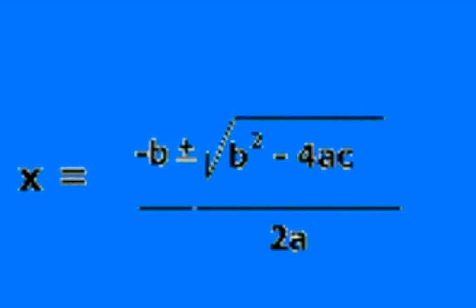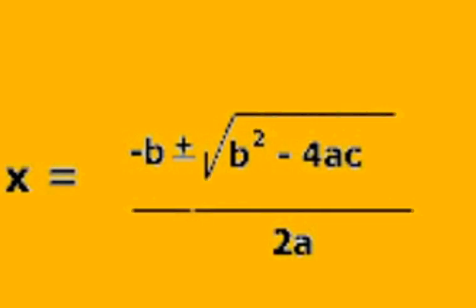He said, sir, please help me. I don't understand, and I've been having trouble. This problem's all my fears. So I took out my notebook and I wiped away his tears with the quadratic formula.